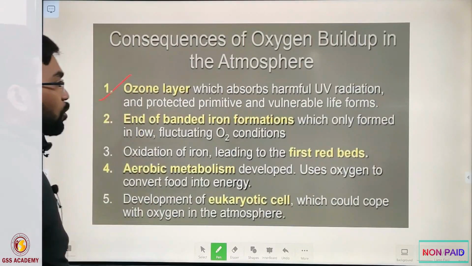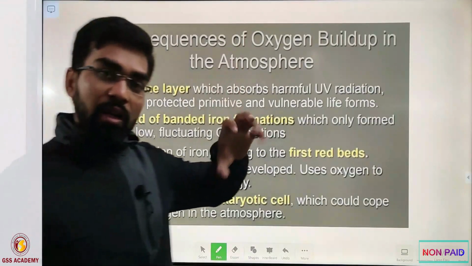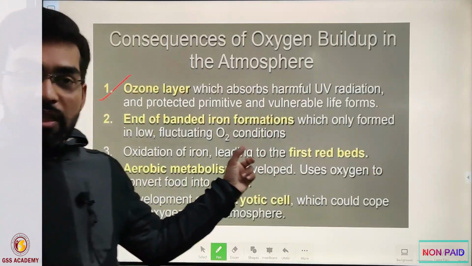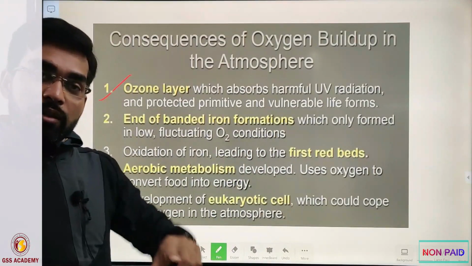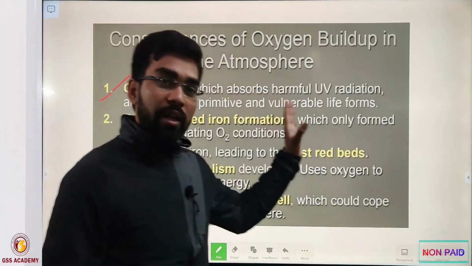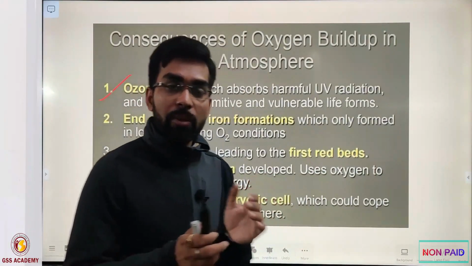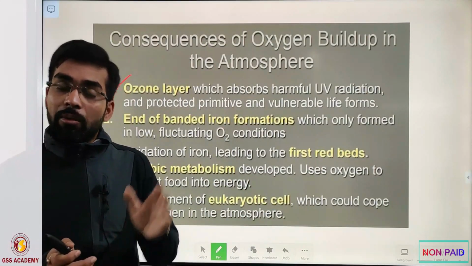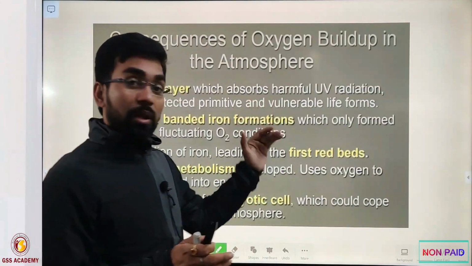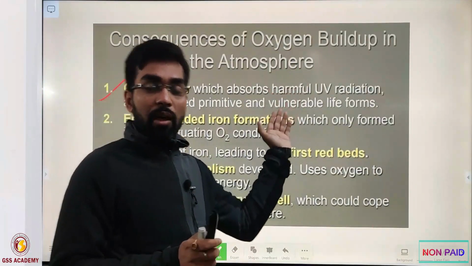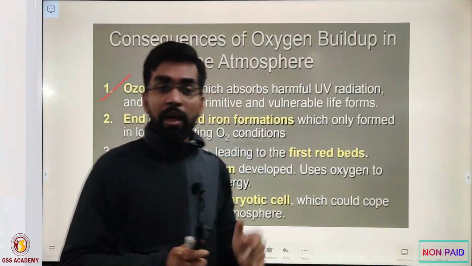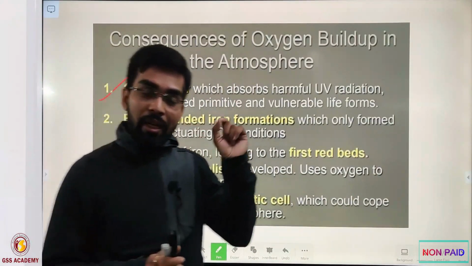The first one is the ozone layer, which absorbs the ultraviolet, because previously we discussed that there was no filter layer. That is why life was only possible under shadow, only possible under the water. If life was on the surface, ultraviolet is very harmful and would not promote any life.